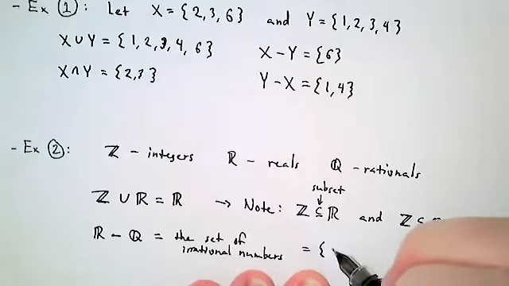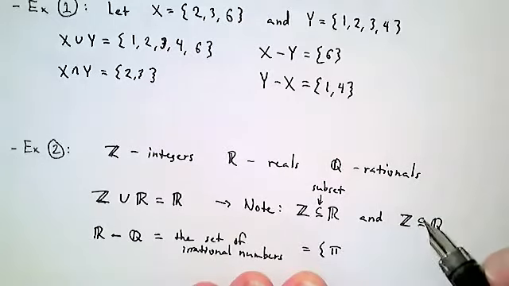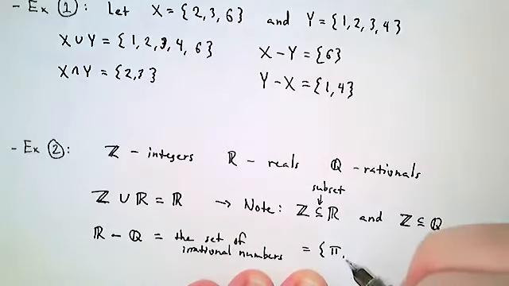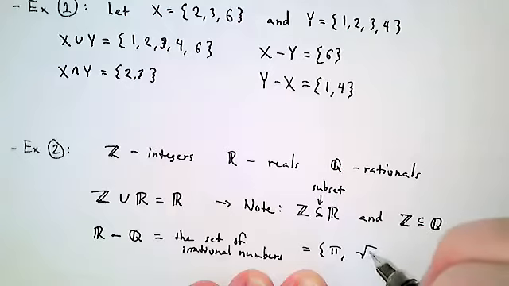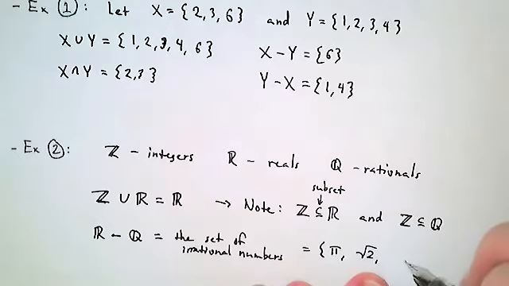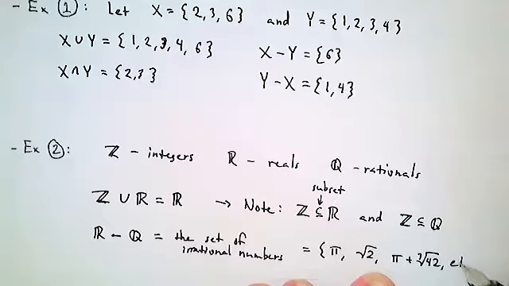And I think I mentioned a few of these the other day. These are things like pi, the square root of 2, pi plus the cube root of 42. So these are all the slightly strange numbers that aren't fractions.